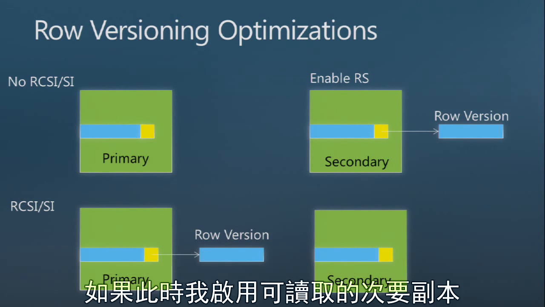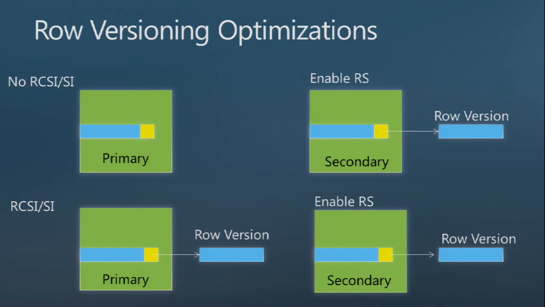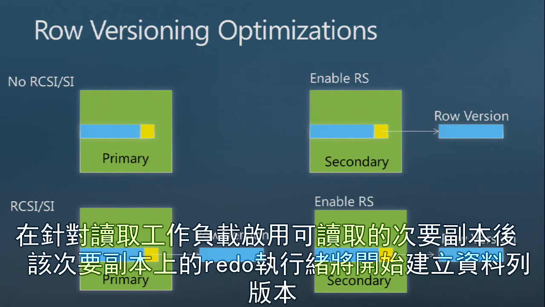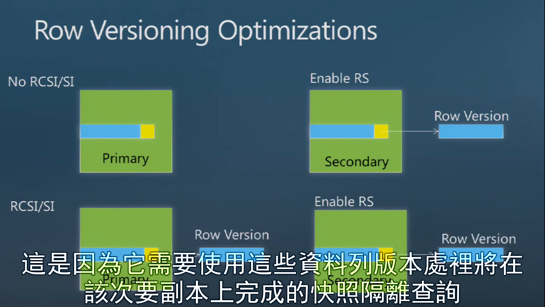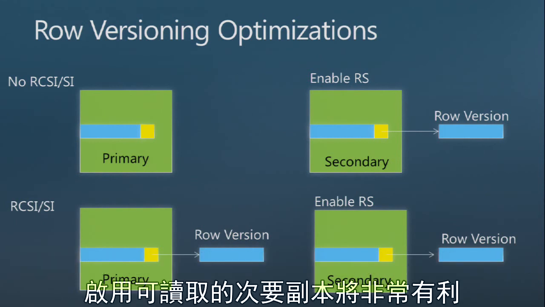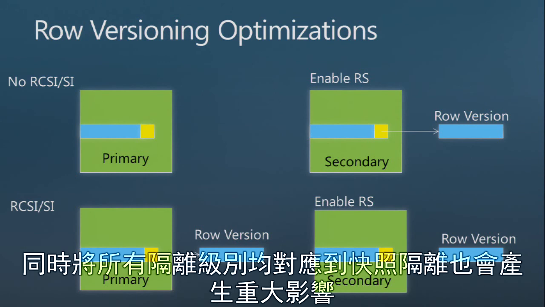Now, if at this time I enable readable secondary, after it has been enabled for read workload, the redo thread on the secondary will start generating row versions because now it needs those row versions to process the snapshot isolation queries that will be done on the secondary replica. So that's pretty much the impact of enabling readable secondary and the impact of mapping all isolation levels to snapshot isolation.